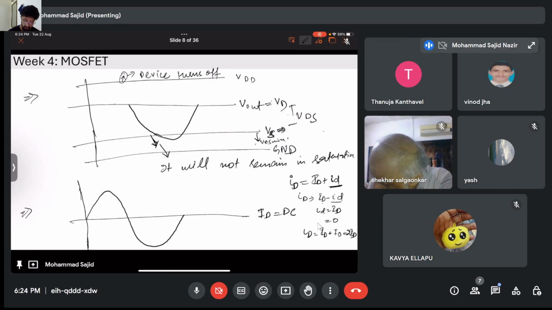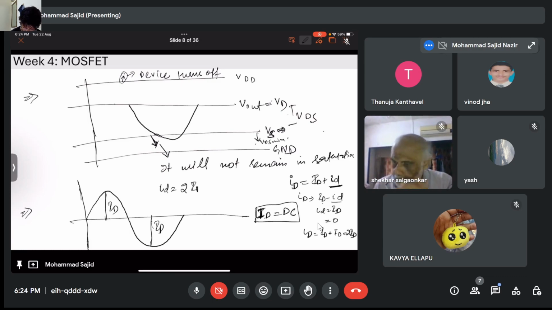So let's assume that this device is at a condition such that a large swing is possible, because only in this case, if your device is kept in such a way that this is a DC, then your ID can have a swing such that it has id above, id below, right? So the maximum ID is 2 times ID.